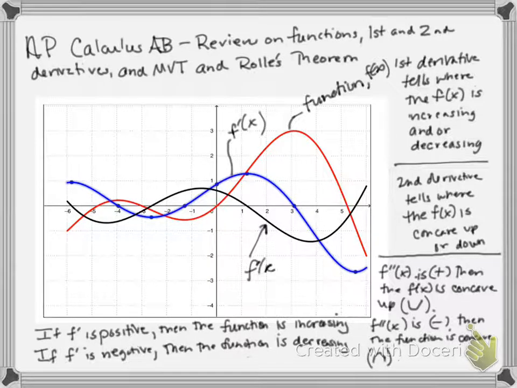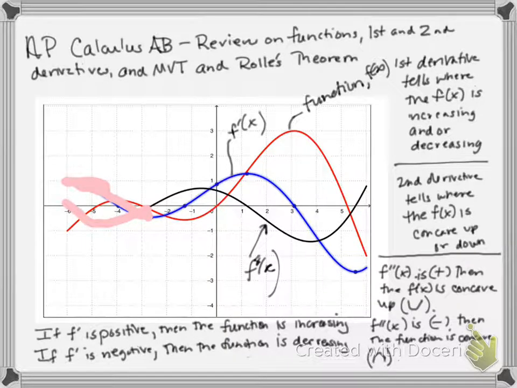And we can actually check that because if I'm looking at my blue graph here, I can see where my derivative graph is increasing or decreasing. So if my derivative graph is decreasing, then my black graph should be below the x-axis here.